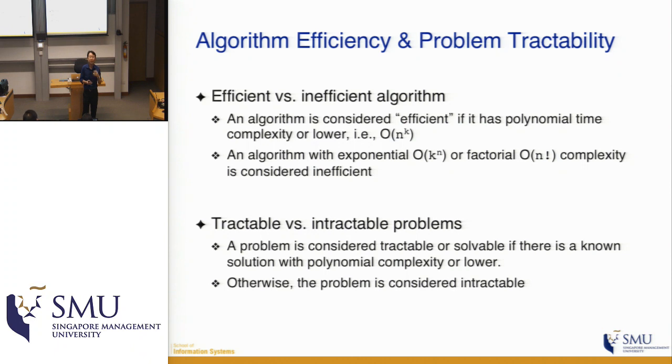Intractable means too difficult to solve. For such problems, we come to heuristics. Because these problems are too hard, they are intractable, we cannot solve them directly. So what do we do? We approximate. We try to get a lower solution that is still going to be good enough for us.